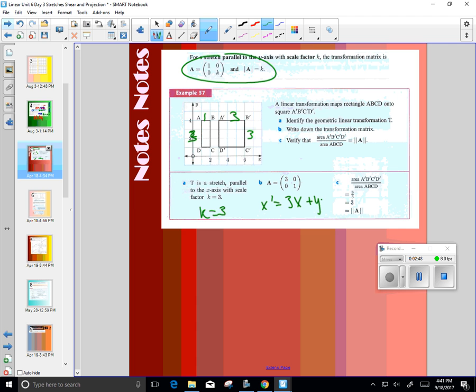Y stays the same, so y prime is 0 times x plus 1 times y. So you can see how you get the 3, 0, 0, 1. And verifying the area, this is an area of 3 and this is an area of 9. Voila, that's the stretch factor of 3.